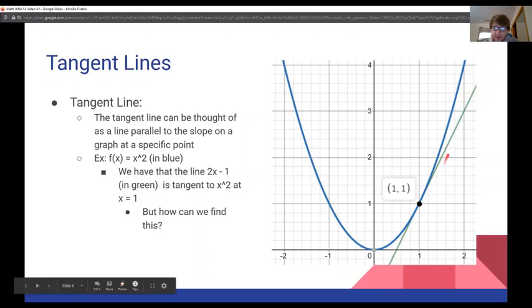This is describing the tangent line to x squared at x equals 1. You can see we only touch the graph right here, and then we continue onwards like that. Most of the time, it's only going to be hitting the graph at one point. It's just going to go right up parallel to where it is at that exact point, and it's going to continue on.